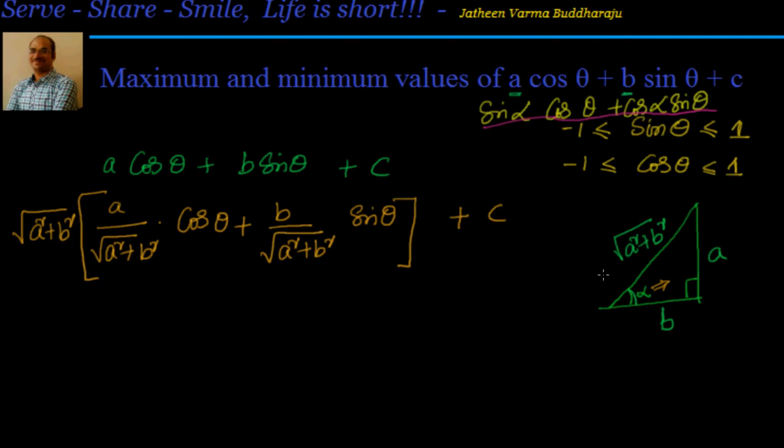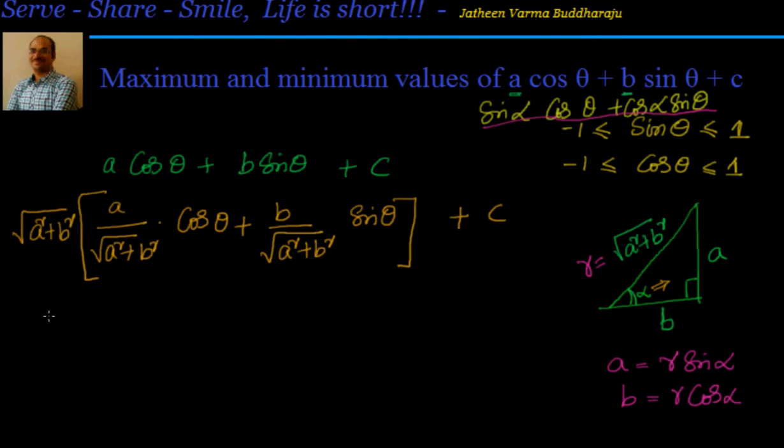Now generally we call this square root of a square plus b square equal to r, and we will say a equals r sin alpha and b equals r cos alpha. You can see that cos alpha equals b by r, so b equals r cos alpha.